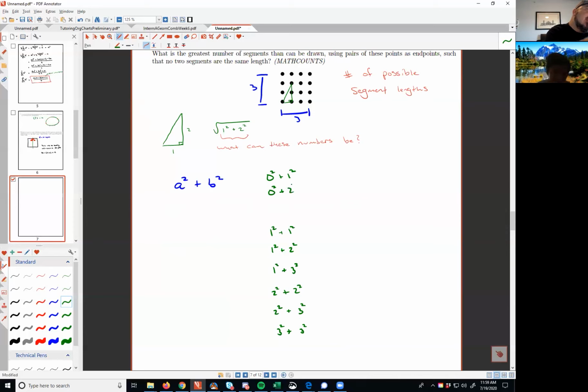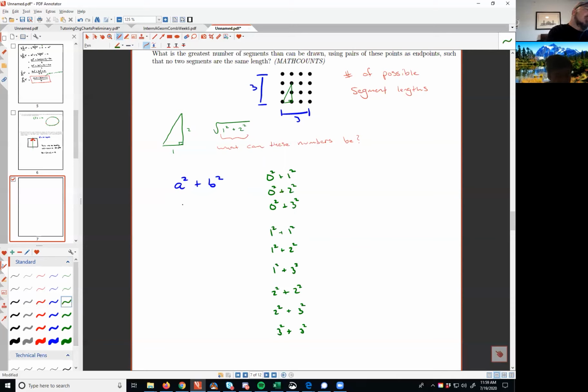A lot of students who solve this problem are probably just going to get there by playing around. But of course, what we'd like to do is elevate our ability to use better organization. You noticed the symmetry.